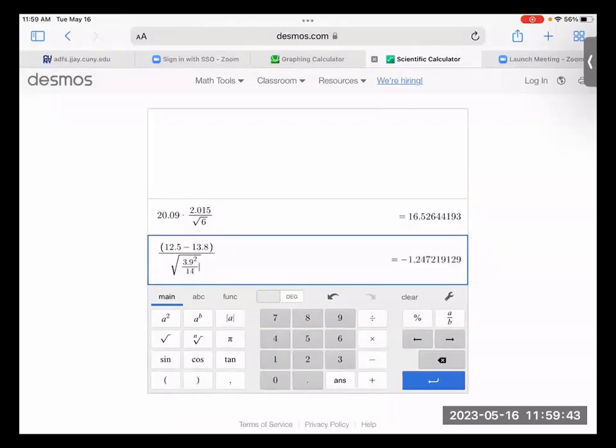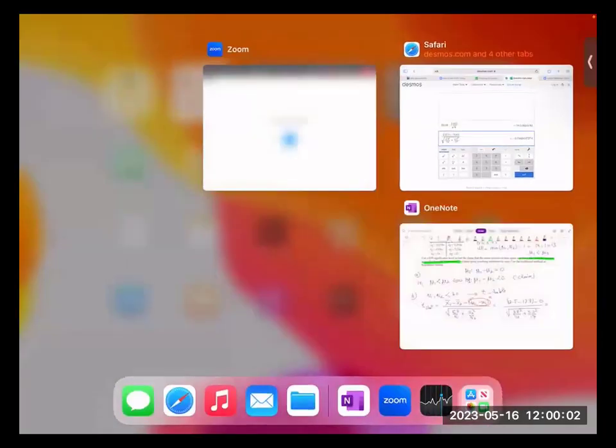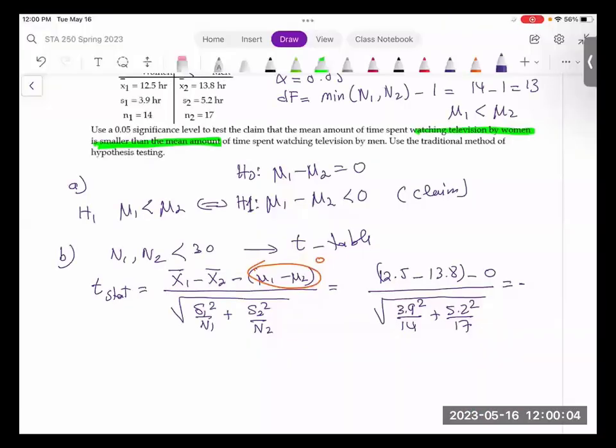All right, you need to use the arrow here, plus 5.2 squared divided by 17. Exit. And that's going to be minus 0.7945. All right, I hope that's the same number. We are okay?